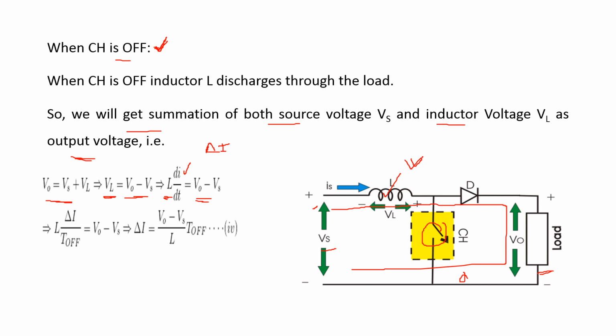So L into delta I by T off is equal to V0 minus Vs. From that, delta I is given as V0 minus Vs by L into T off. Consider this as equation number 2. That is the working of the step up chopper during the off state of the chopper.